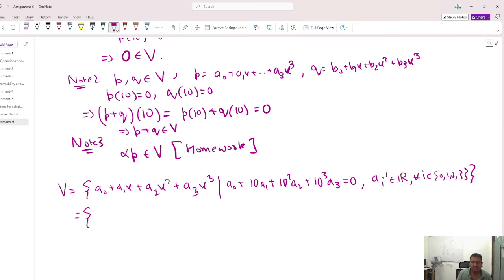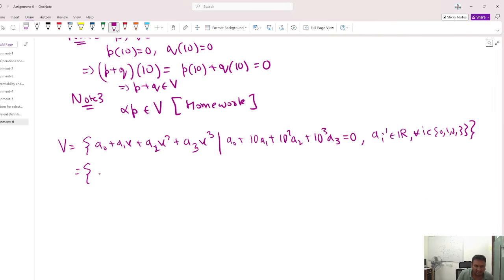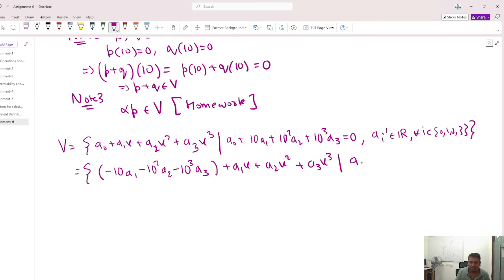So what you get from here is a0, this whole weird quantity: a0 is minus 10 a1, minus 10 square a2, minus 10 cube a3, plus a1x, plus a2x square, plus a3x cube, where a1, a2, a3 belong to R now, because a0 is gone.